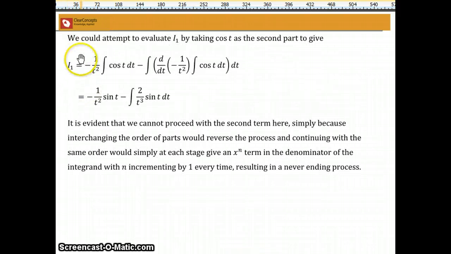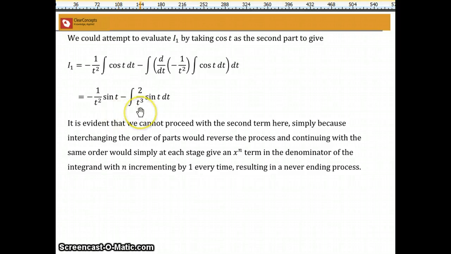We could attempt to evaluate I1 taking cos t as the second part. And so what we get then is minus 1 by t squared integral cos t dt minus d by dt into minus 1 by t squared integral cos t dt. And that just gives us minus 1 by t squared sine t minus integral of 2 by t cubed sine t dt.